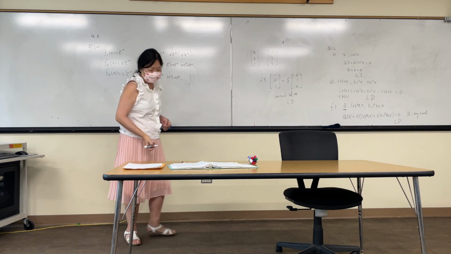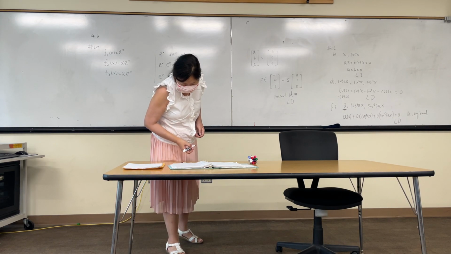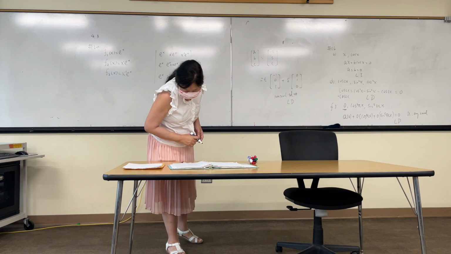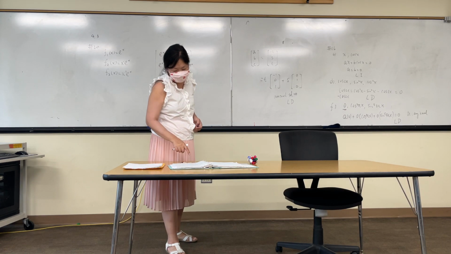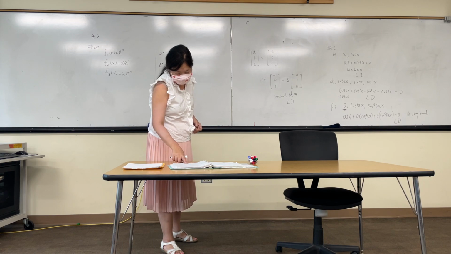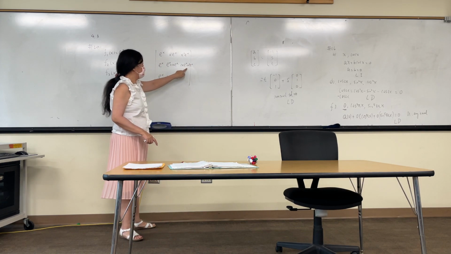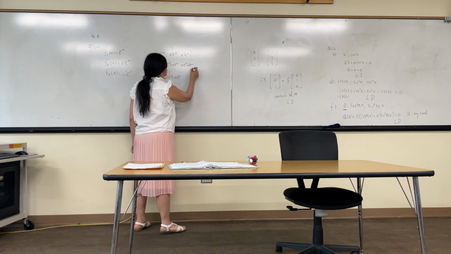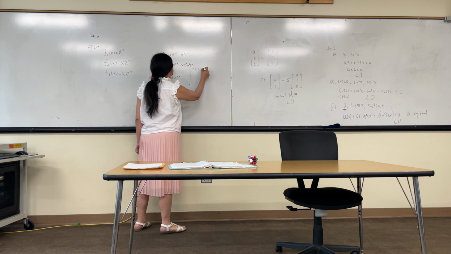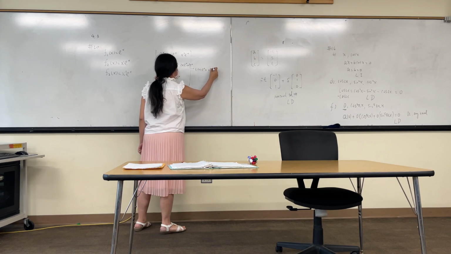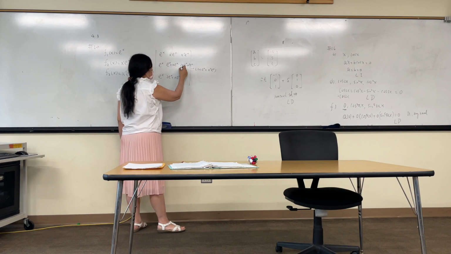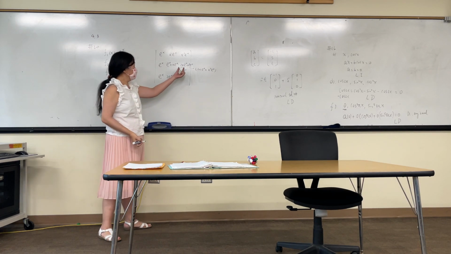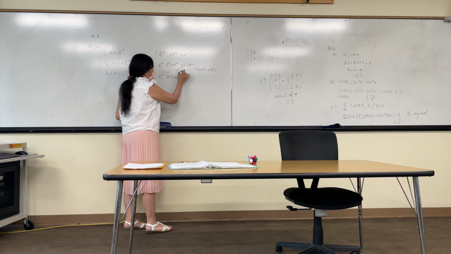And the last one is, I couldn't see my own writing. This one has to do product rule twice. Because this is the same as 2x e^x plus x squared e^x, and this is the same as e^x plus x e^x, and there's a 2 in front of it.